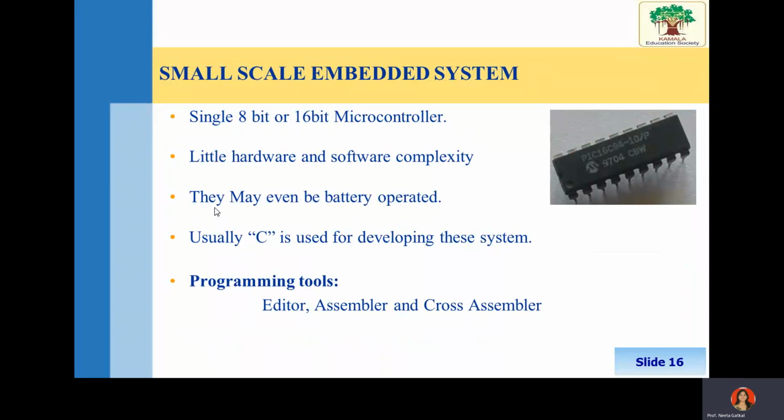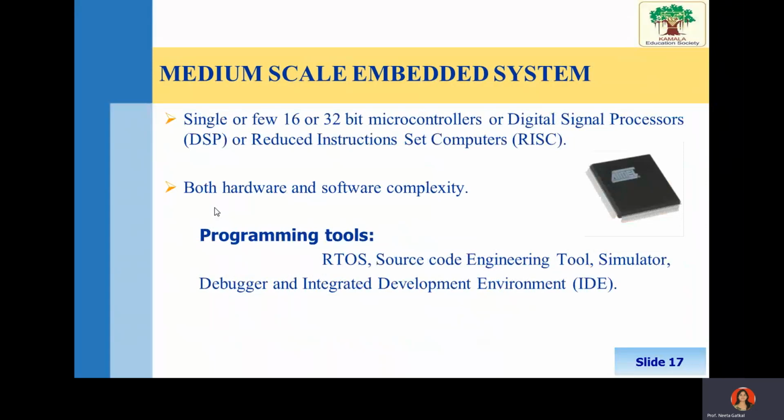Now the next one is the medium scale embedded system. It contains a single or a few 16 or 32-bit microcontrollers, or we can say it contains a digital signal processor or reduced instruction set computer. This medium scale embedded system has more hardware and software complexity as compared to the small scale embedded system.